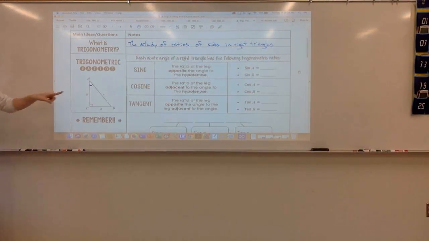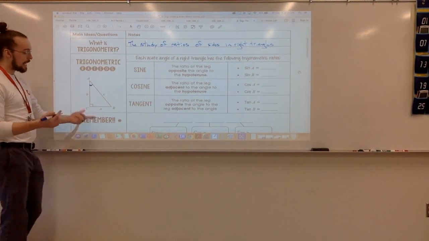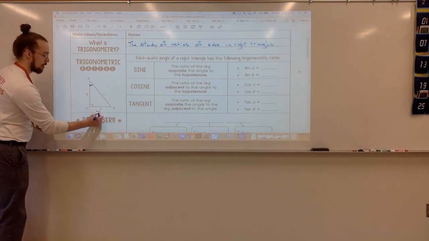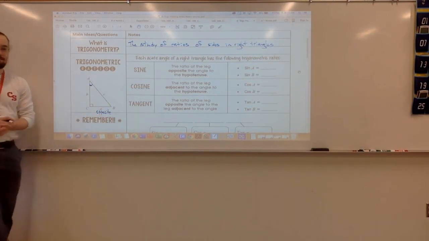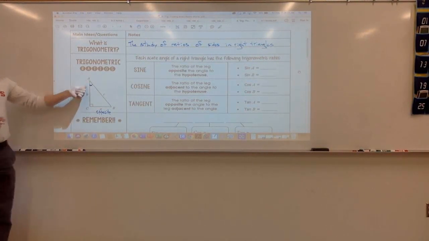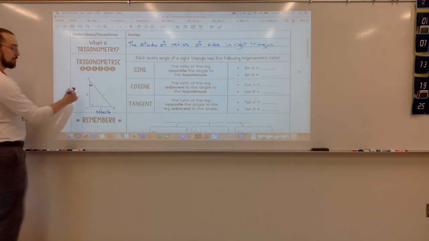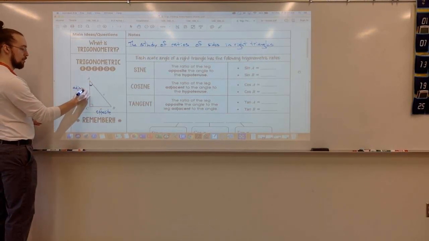So in this triangle, with respect to angle A, side A would be the opposite side. Side B would be the adjacent side. Adjacent means right next to.